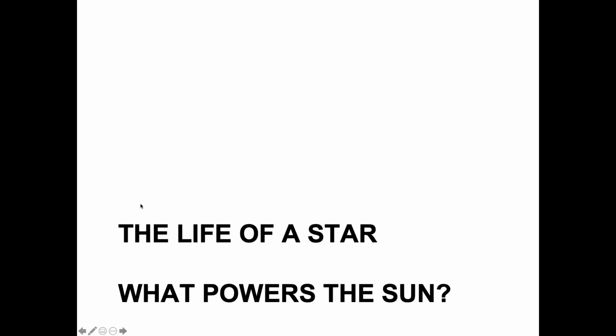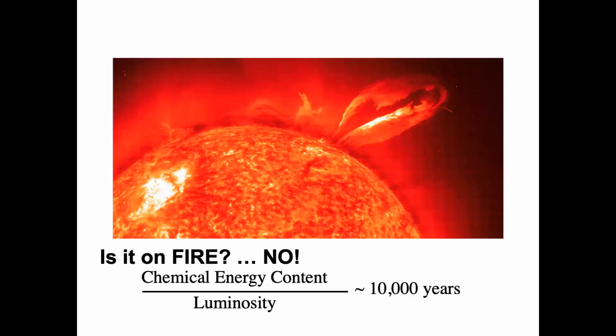Is the sun on fire? Is fire what powers our sun? Well, at some point in history, astronomers asked that question, and they ran a calculation. Given the sun's size and mass, we can get an idea of how much chemical energy it's holding onto.